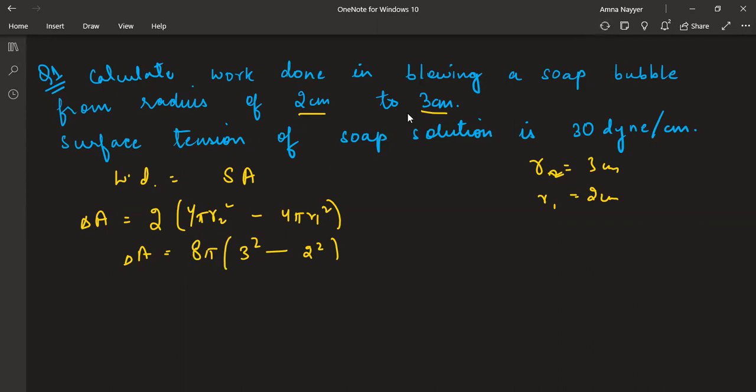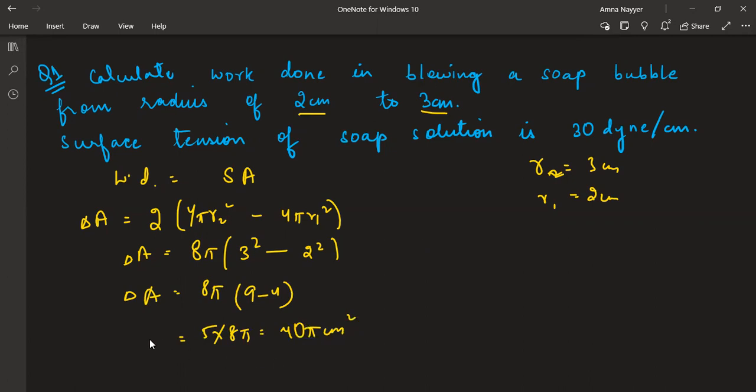R2 square is 3 square, and R1 square is 2 square. Then delta A will become 8 pi, 9 minus 4. That will be 5 into 8 pi, that is 40 pi centimeter square.